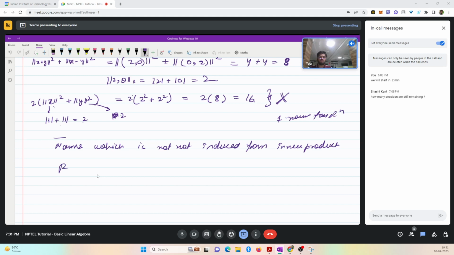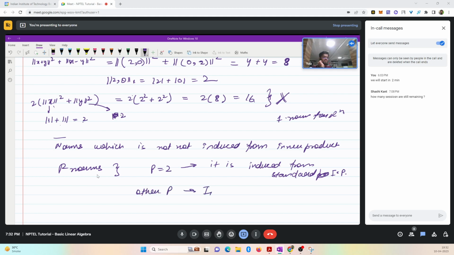In fact, if you look at P norms, then for P is equal to 2, it is induced from the standard inner product, that is dot product. And for other P's, it is not induced from any inner product.